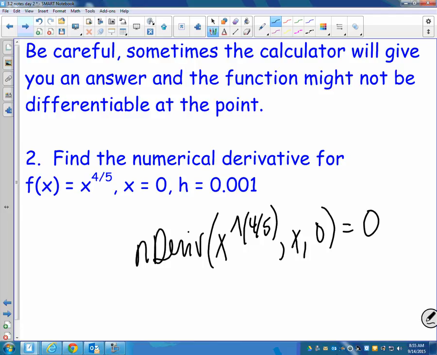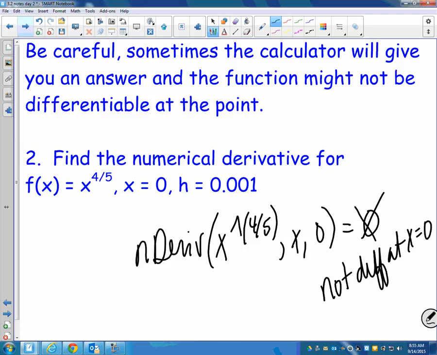You see? And so this is not true. All right? So the answer here is actually it's not differentiable at x equals 0. But know that your calculator can give you the wrong answer. So just be aware of that.